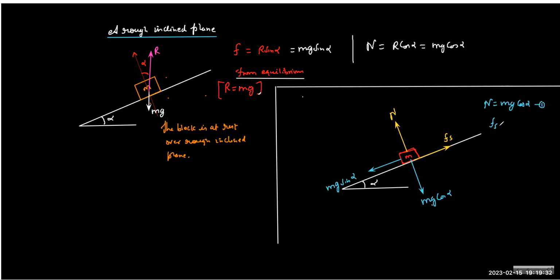And Fs will balance mg sin alpha. So we are writing net force equals 0. If you want, you can take X and Y, and add net force along X equals 0 and net force along Y equals 0. Then you can say Fs minus mg sin alpha equals 0. Therefore Fs equals mg sin alpha.